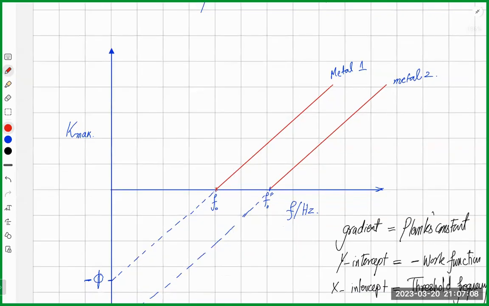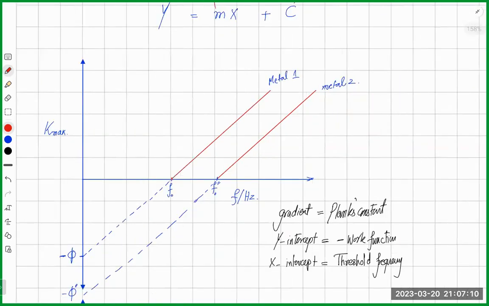For a graph where the y-axis is K max and the x-axis is frequency, the gradient will be the Planck constant, the y-intercept will be the negative work function, and the x-intercept will be the threshold frequency. This is what you should remember.